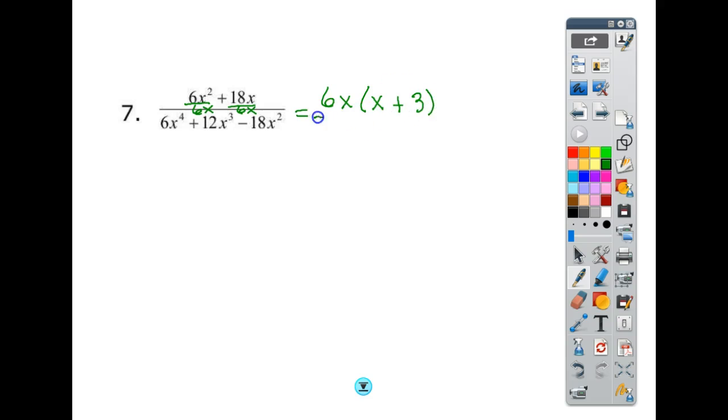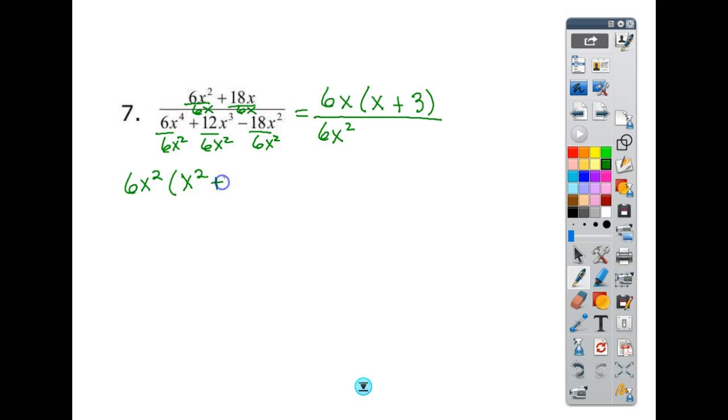The x's cancel out. In the denominator, what will 6 and 12 and 18 all divide by? A 6. And they all have an x squared, don't they? So 6x squared. When we divide here, what do we get?